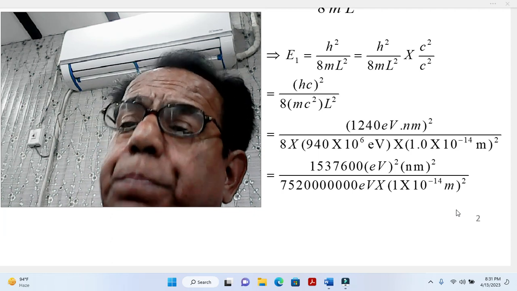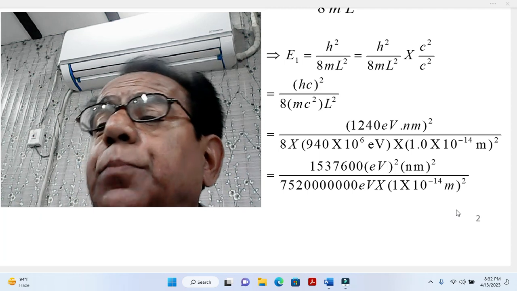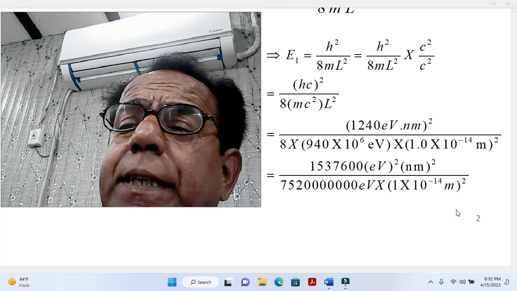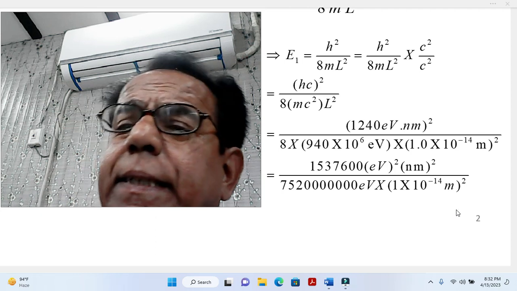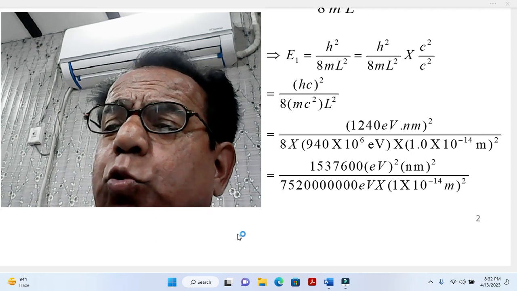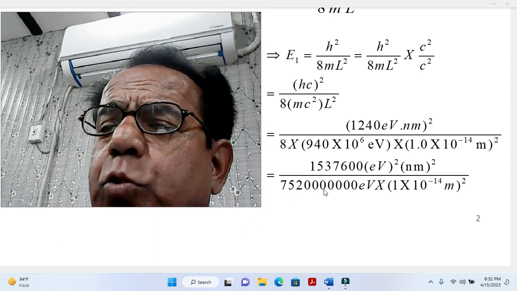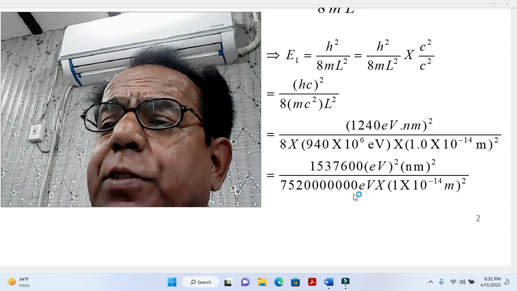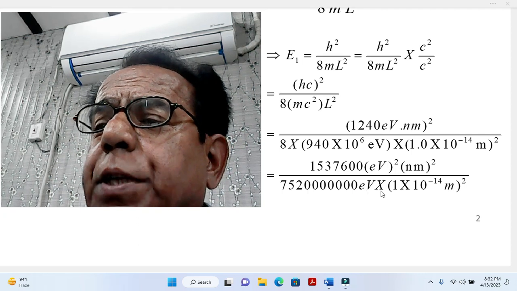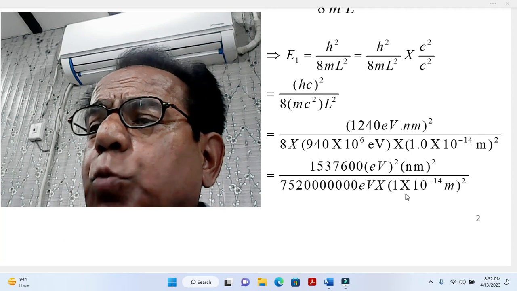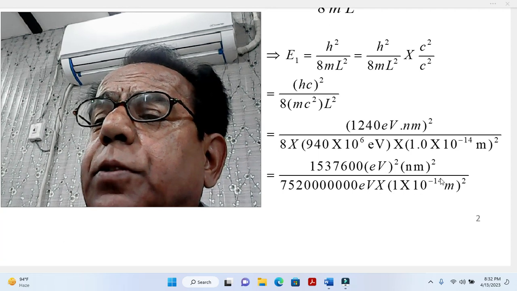Moreover, when we simplify the denominator, we come to these values: 7520000000, 7 zeros, into electron volt into (1 × 10^-14 meter)².